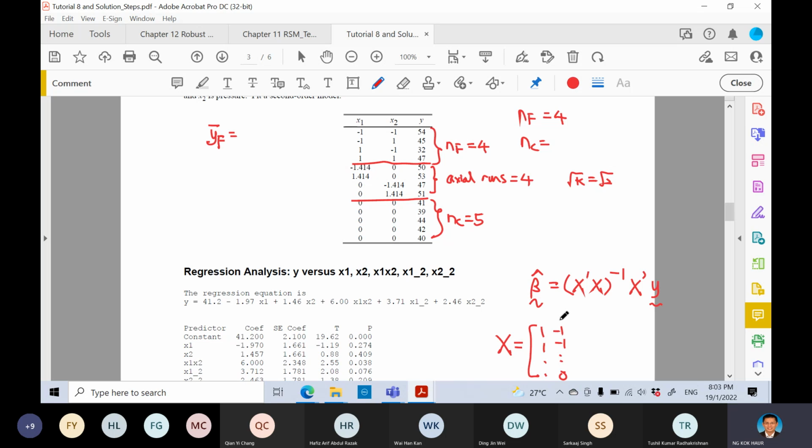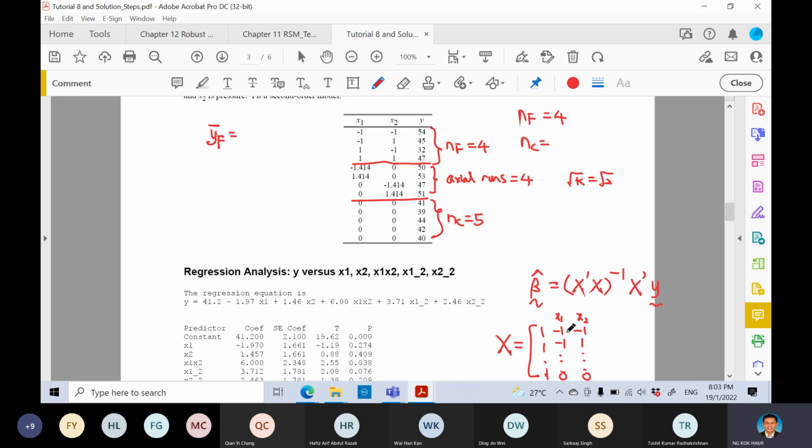This is all for the x1. Then you have x2, which is -1 and then 1 and so on, until the last one is 0. The first column is 1. All the values must be 1 because they take care of the first parameter estimate.